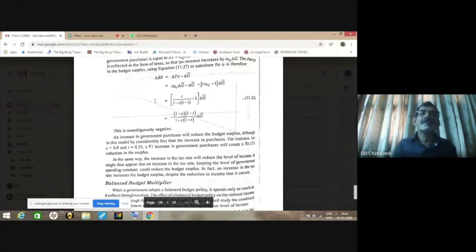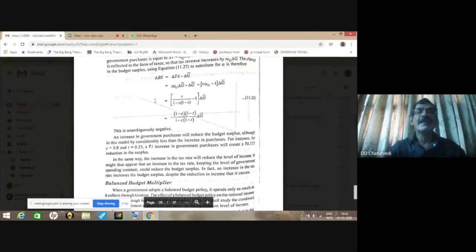So after taking LCM, you can solve it. And when you solve it, ultimately you will get minus 1 minus C into 1 minus T divided by 1 minus C within bracket 1 minus T into delta G bar.